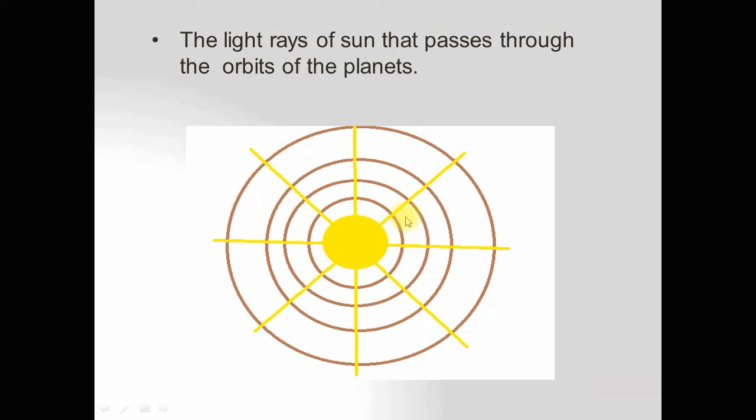So these yellow curves are orthogonal trajectories for the family of curves which are represented by the orbits of planets.